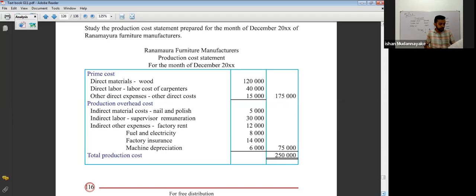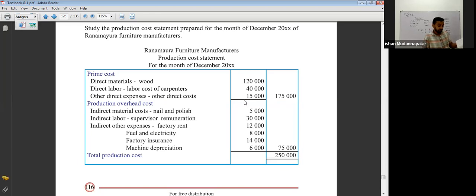Then the total prime cost of the business is how much? 175,000. And then production overhead costs: indirect material, nails and polish; indirect labor, supervisor salary; other indirect expenses, factory rent, fuel and electricity, factory insurance, machine depreciation.